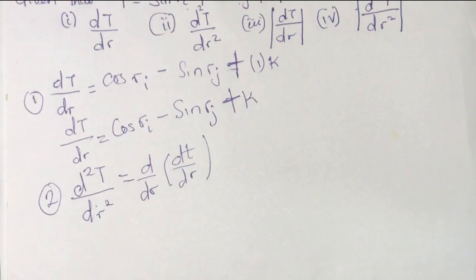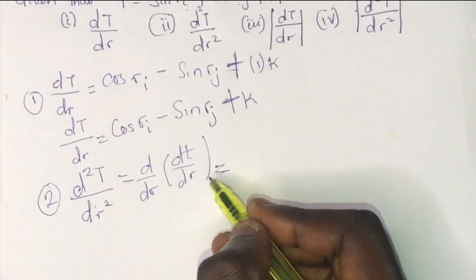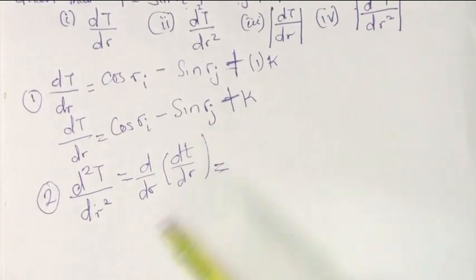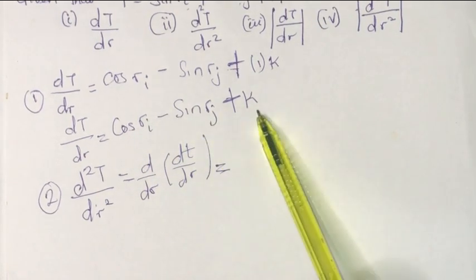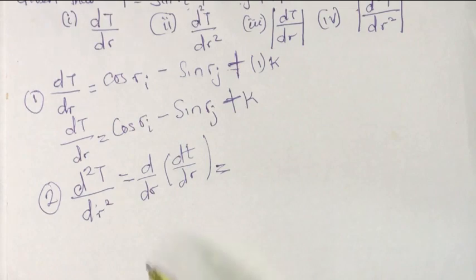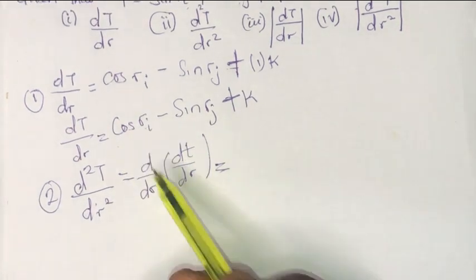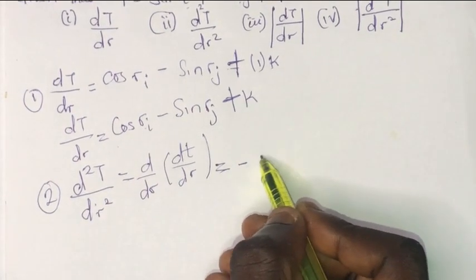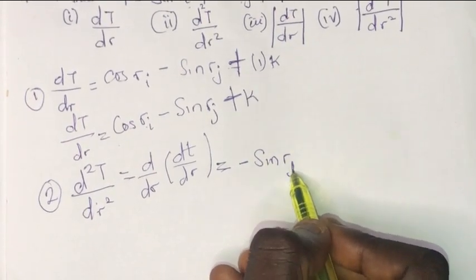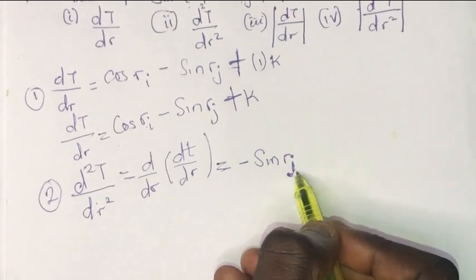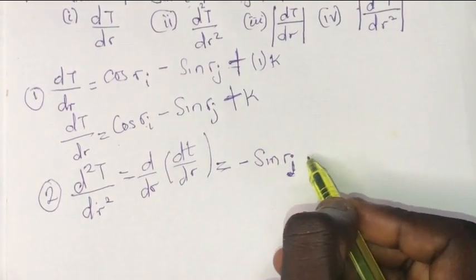Now if you differentiate your dr/dt again, what are you going to have? Differentiate cos t i, sin t j and k. If you differentiate cos t here now, we are going to have minus sin t i.